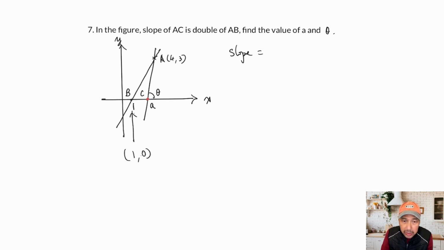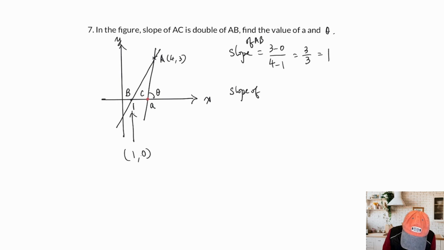So the slope is 3 minus 0 over 4 minus 1. That is 3 over 3. That's 1. Perhaps we need to mention the slope of AB, because we are going to find 2 different slopes. So the slope of AC should be equal to 2.